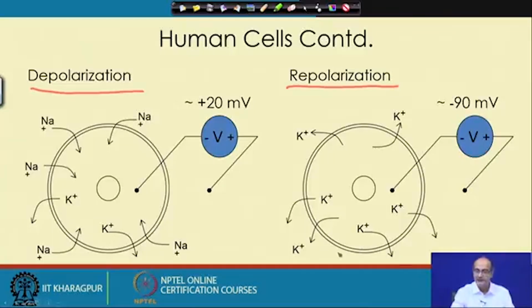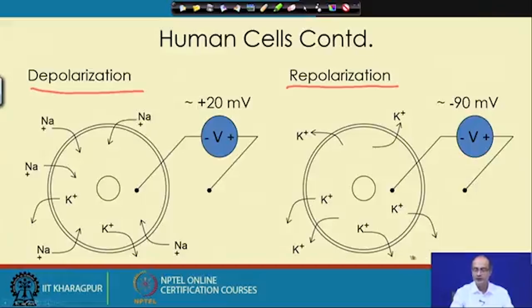Along with the diffusion, another thing we should keep in mind is the sodium potassium pump, which is an active process where some amount of energy is spent to take 3 sodium ions inside and push some potassium ions outside.